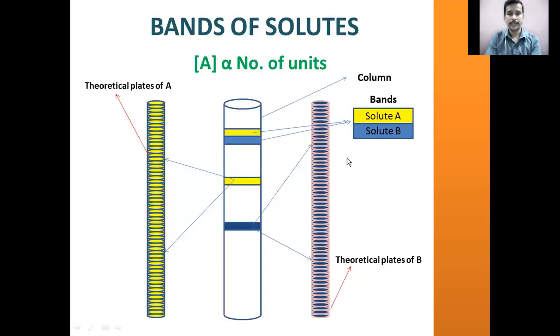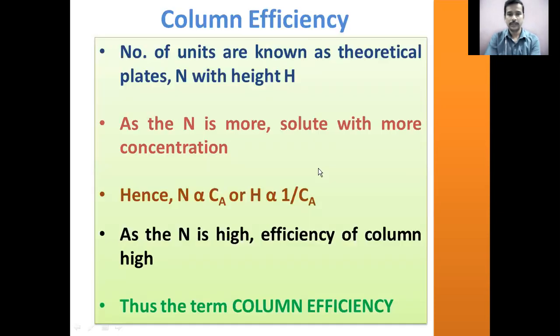So as you have seen here, each and every plate has its own height. Each and every plate, it may be for solute A or solute B. If solute A contains 2,500 theoretical plates or 2.5 lakhs of theoretical plates, each and every plate will have its own height. And for solute A, each and every plate has its own height, and even for solute B, each and every plate has its own height. So height is denoted by H. These two terminologies, number of theoretical plates and height of a theoretical plate.